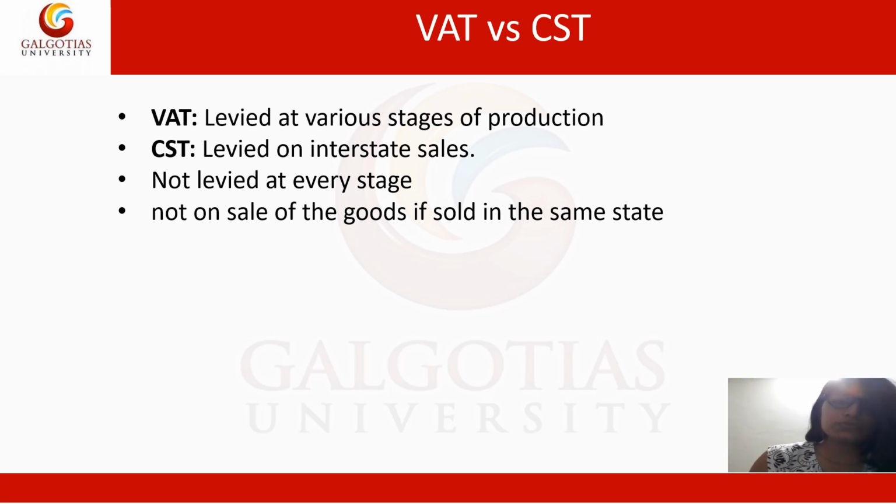Let's now come to VAT and CST, that is central sales tax. VAT, which is value added tax, is a kind of indirect tax that is levied at various stages of production, from manufacturing to warehousing to retailers and finally to consumers. At every stage of production, the VAT is levied on the value additions.